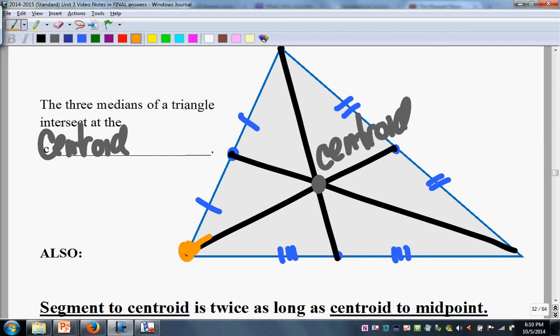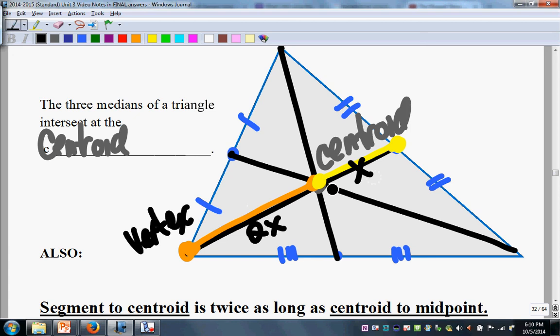So from the vertex to the centroid, that's always going to be double the centroid to the midpoint. So this is a 2x and x relationship, from the vertex to the centroid is always going to be twice as big as centroid to the midpoint.